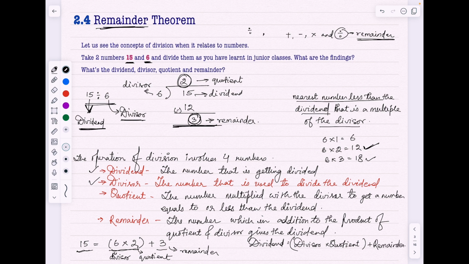This formula is very important. I will tell you again when you go for division of polynomials. This formula will come again.